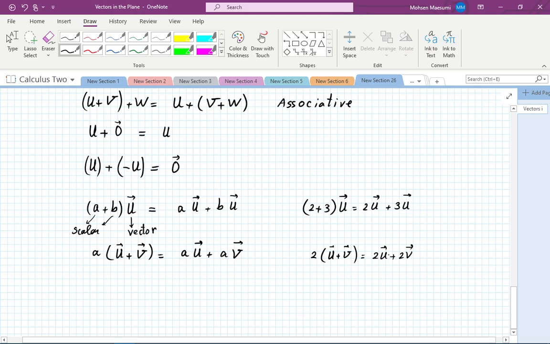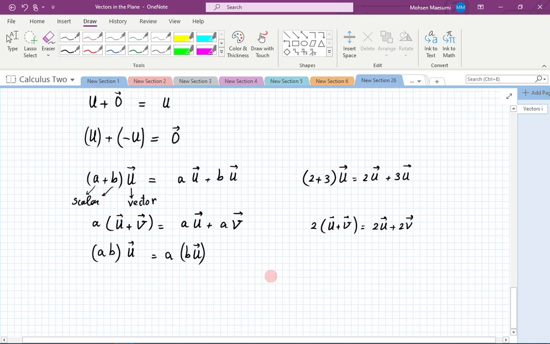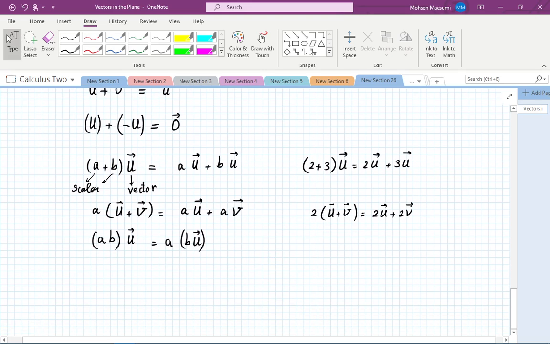We have an associative property for multiplication as well. If I have a number times another number times a vector, that is the same as taking my vector, multiplying by one of these numbers first and multiplying by the other one next. So you notice all of these things are related to order of operation, and what we are saying is that we are safe in these cases, that order of operation does not matter.